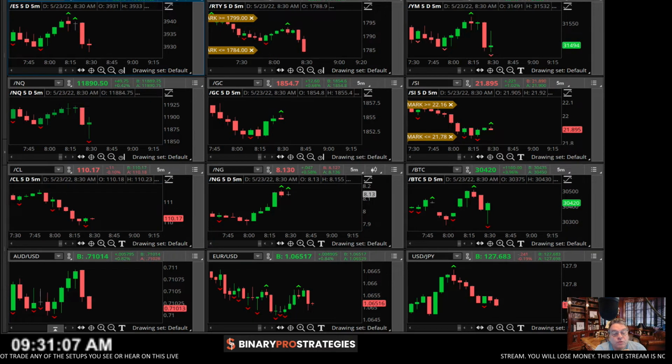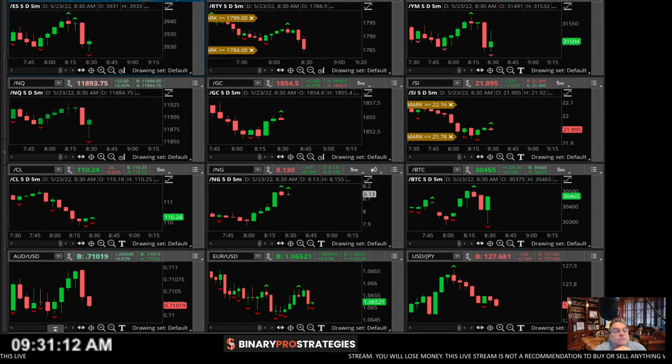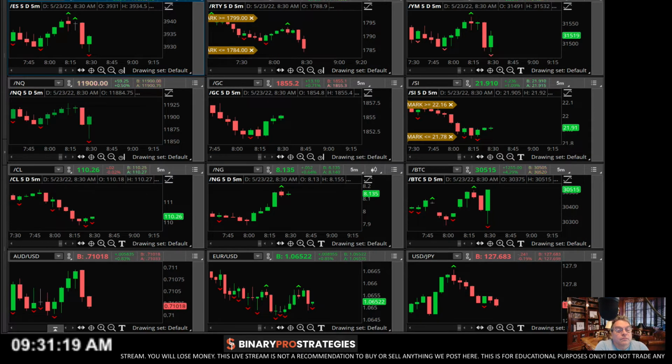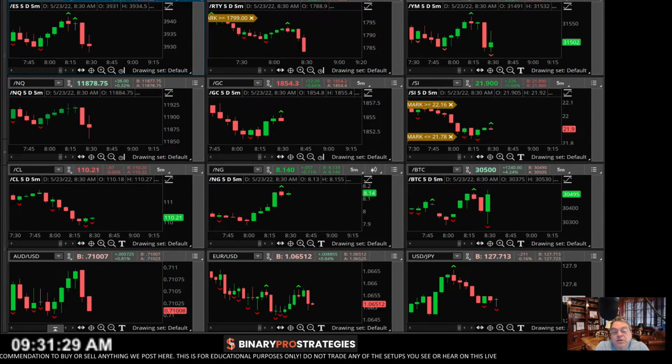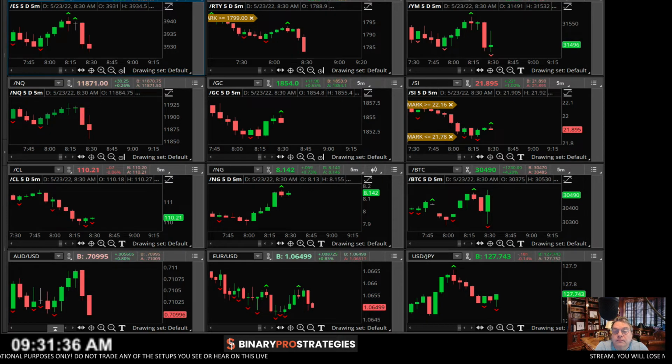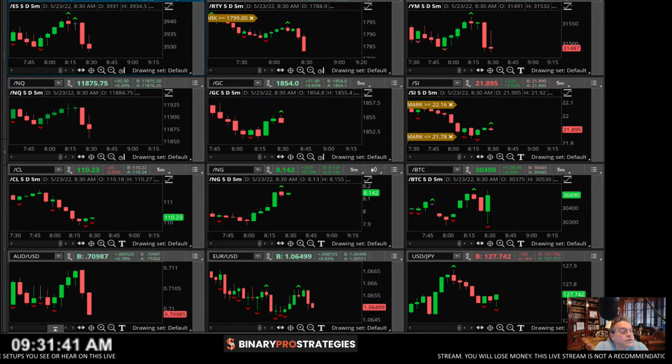Watch for RTY to reverse and go short. Reverse sell. RTY just reversed and went short. I like this short. Strong pattern setup short. This is going to be an HF1 short.